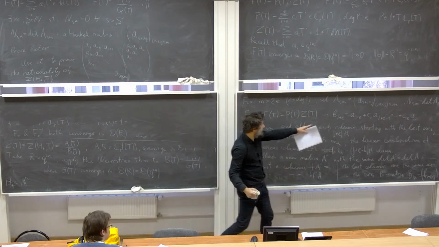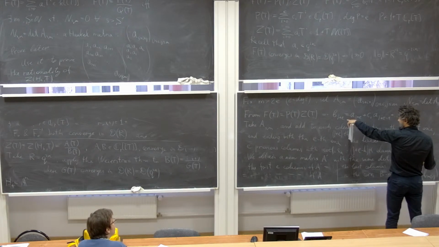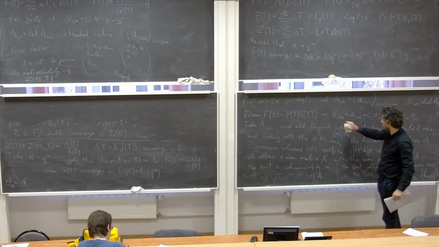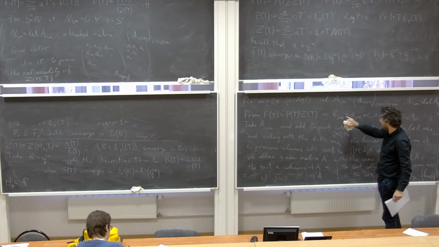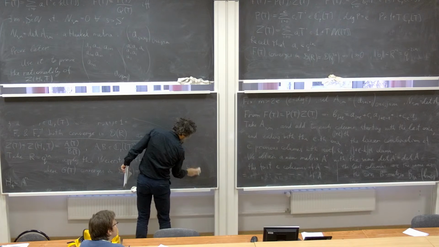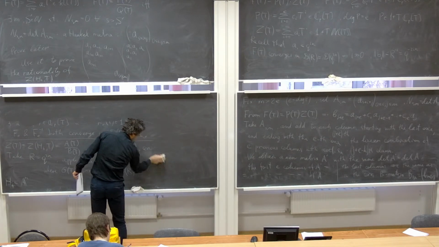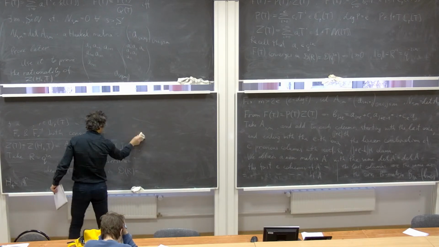Just from this equality, we use this equality to rewrite the rightmost columns of the A matrix as the columns of the B matrix. The right half of A we replaced by the right half of B.